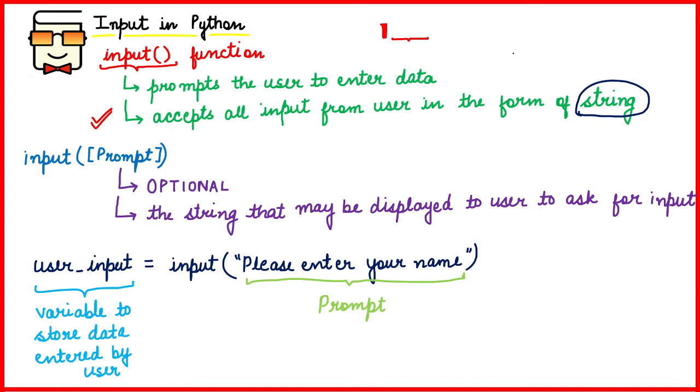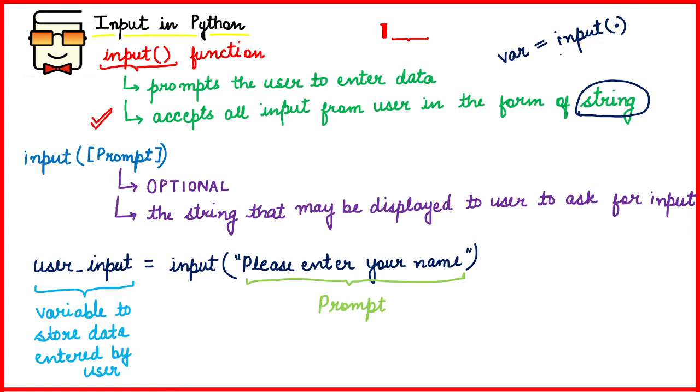Generally when we write the input function, we write, suppose, var equal to input, and here you can directly write the round brackets, or you can specify a particular statement. I'll tell you about that prompt statement, but that's an optional argument.